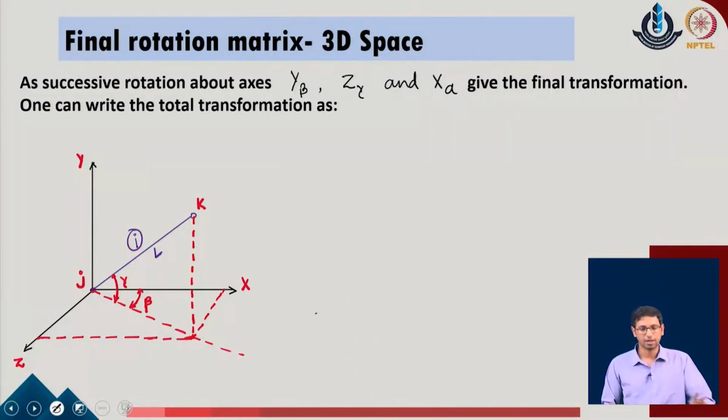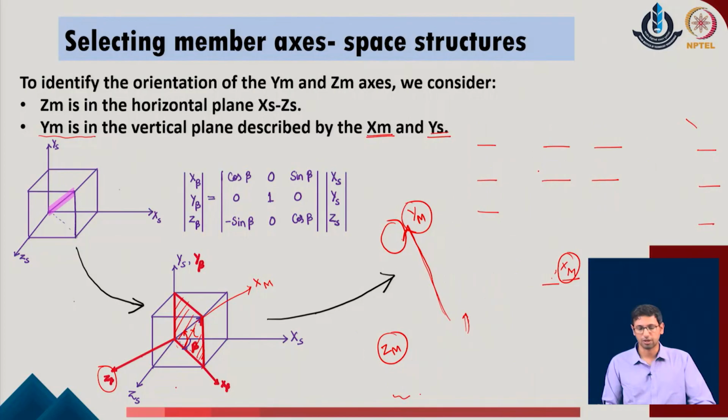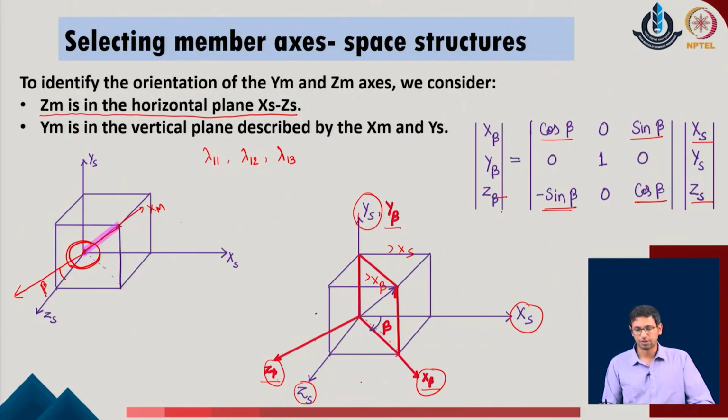Finally, with this part we realize that as we did these three transformations one after another, if we want to get the x of m, y of m and z of m in terms of the original x coordinates of the given system, we need to start with the very first part. We have the first system where the x of beta was converted in terms of the x of s of the given system.